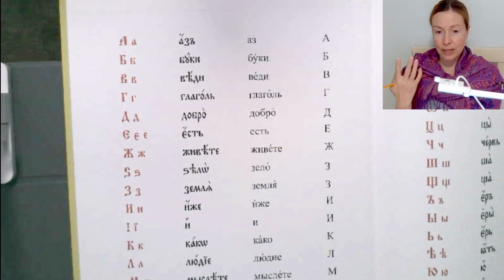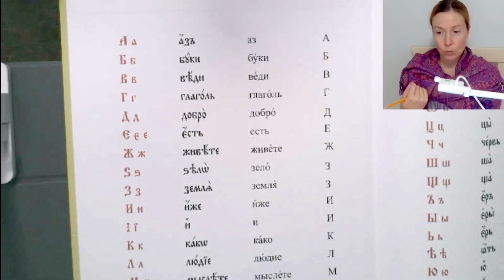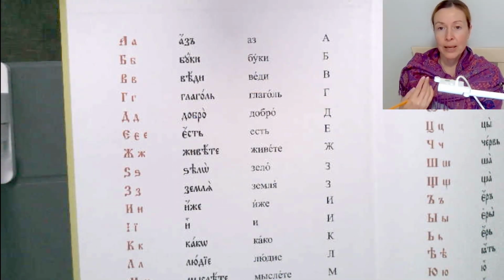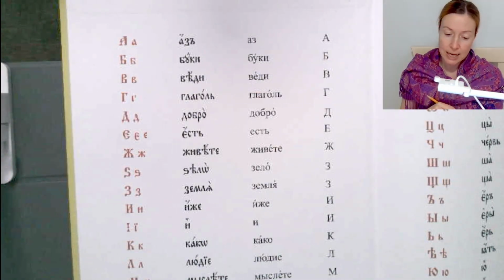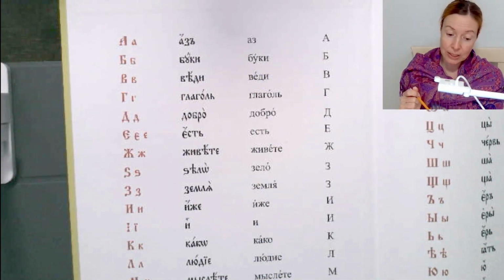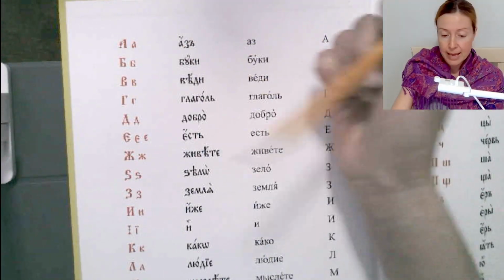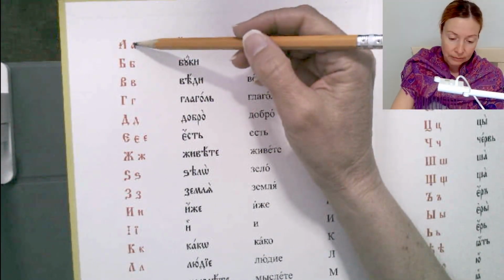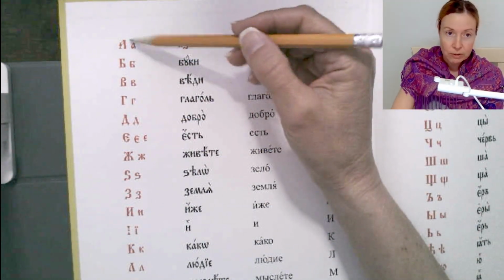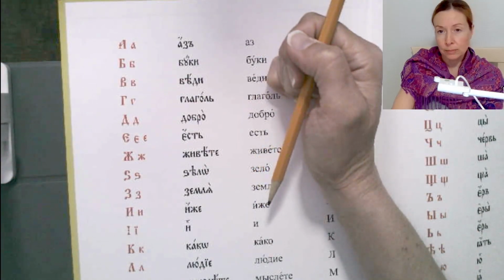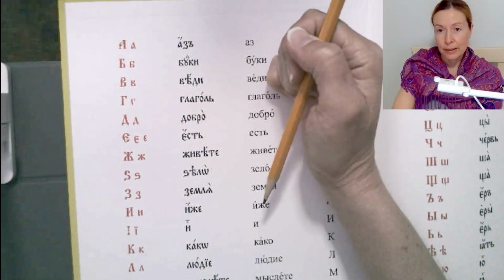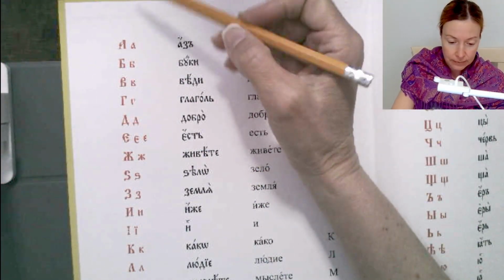So let's say the first alphabet, the Phoenician alphabet, it was created many centuries before Christianity. And so the first letter A in the alphabet was representing a bull, like the bull animal.